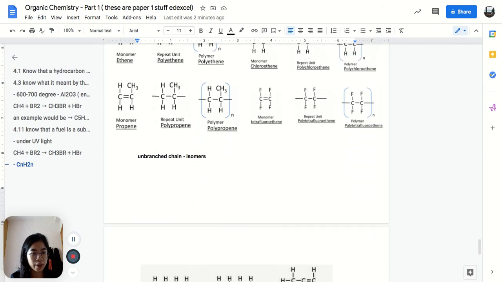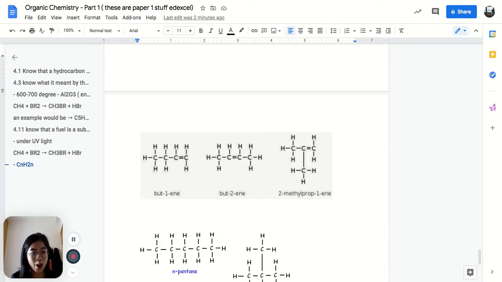So what is but-2-ene? Yes, you guys guessed it right. But-2-ene is when the double bond is in the middle. Actually, you can see why it's also but-1-ene when the double bond is at the back, because it could be 1, 2, 3, 4 or 1, 2, 3, 4.